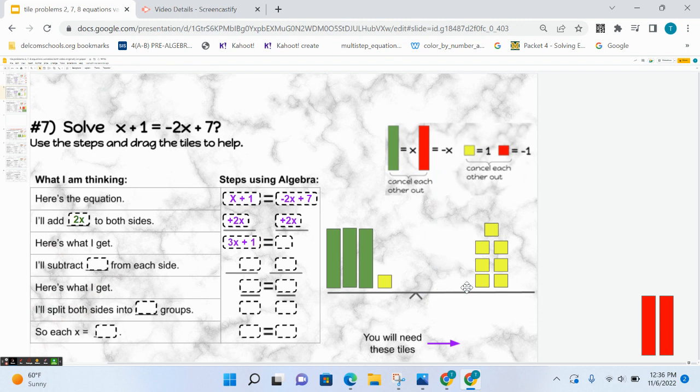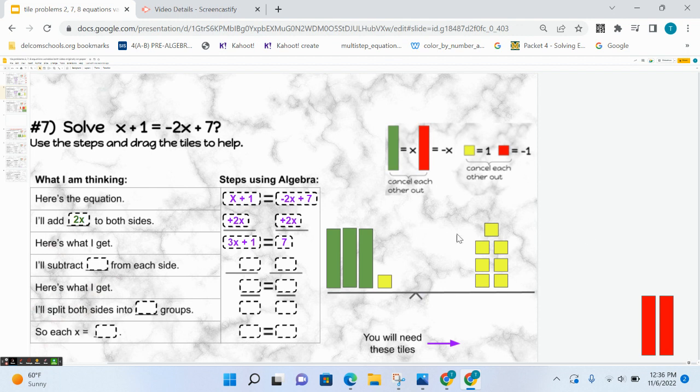That's why we added to it, so we could get rid of them. So really right now we're left with only 7 on the right. So we're left with 3x plus 1 is equal to 7. First goal is accomplished. We have all green rectangles on one side, and we have 3x plus 1 is equal to 7.